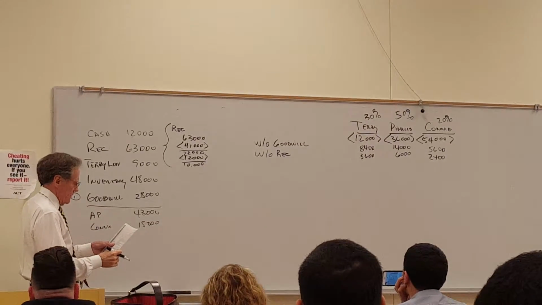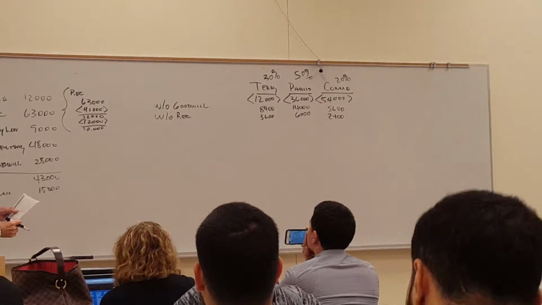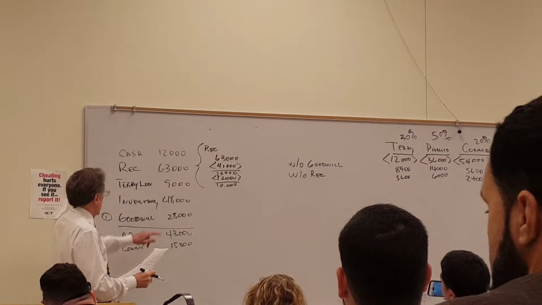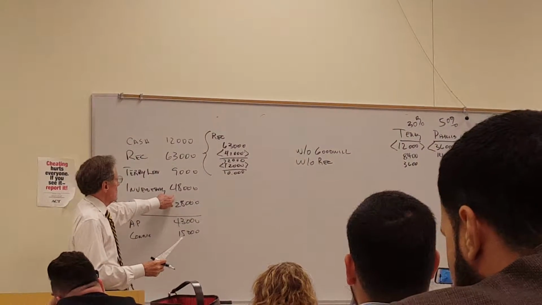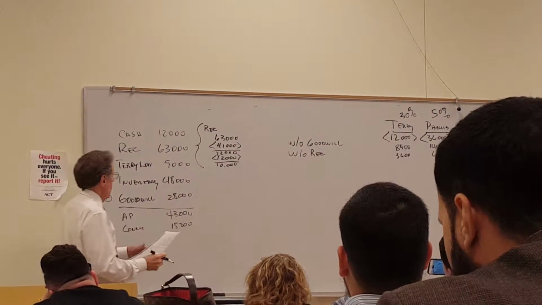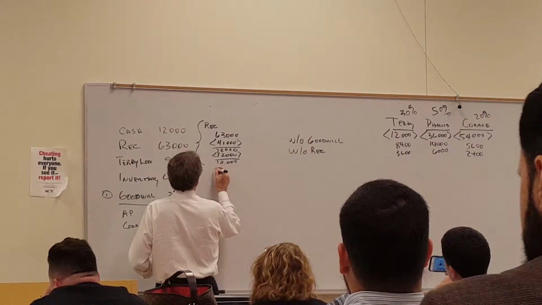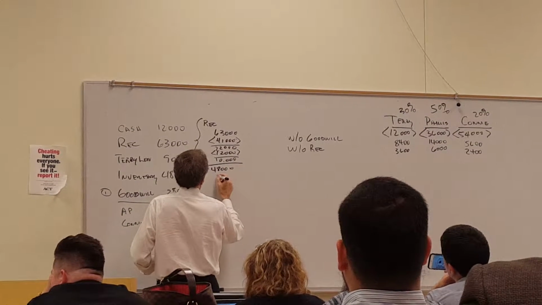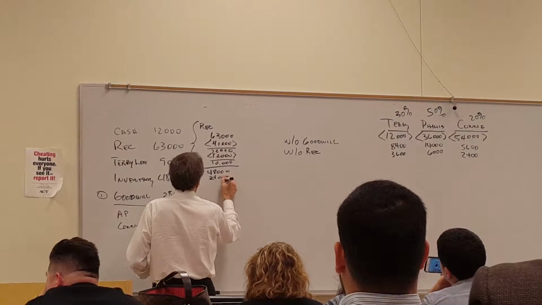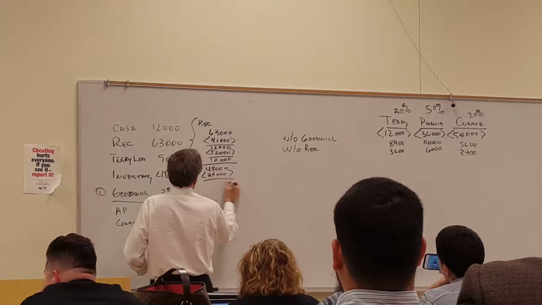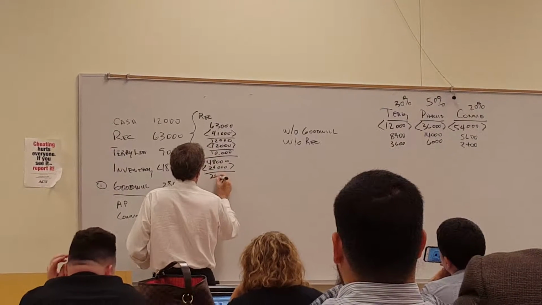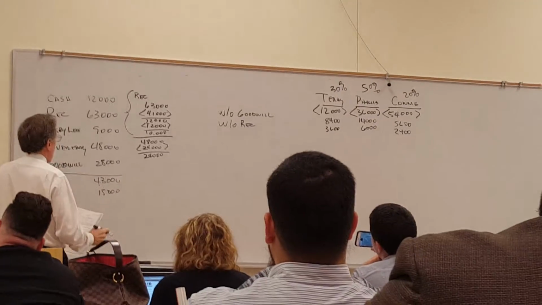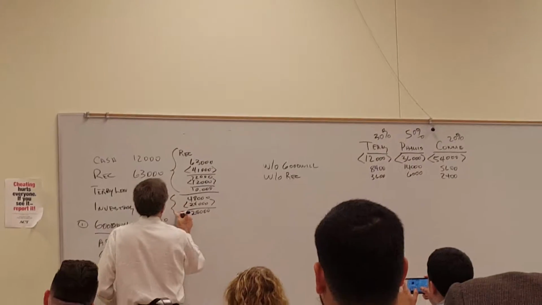We sold inventory. We sold half of the inventory, which would be $24,000. So we started off with $48,000. We sold half of it, it's $24,000. So that leaves us with $24,000 of inventory.